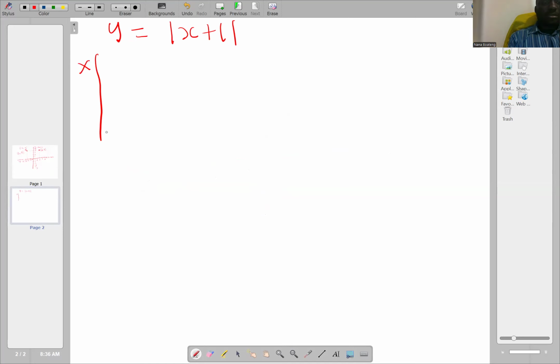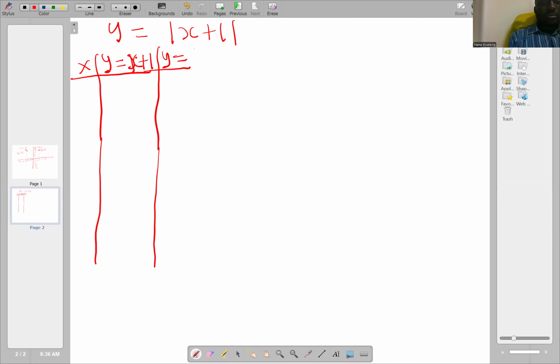Let's draw a table. And we have y, which is equal to the absolute value, so let's first find x + 1, and we find the absolute value in the third column of the table. So the x values are -5 to +5.